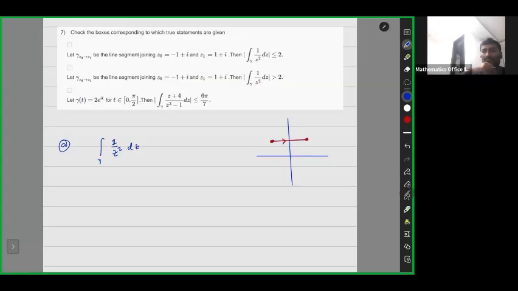It has an antiderivative. Do you remember what it is? Minus 1 by z. Why are we taking the antiderivative? Because f is holomorphic. Where is f holomorphic? On C minus 0. And what domain can we take? Some open set here, which does not contain 0. Let's say this is our omega.